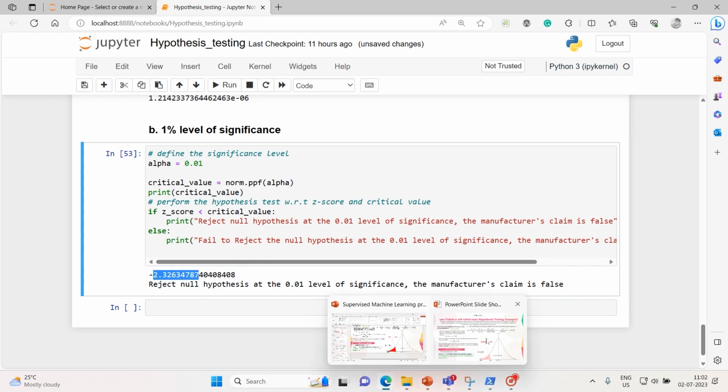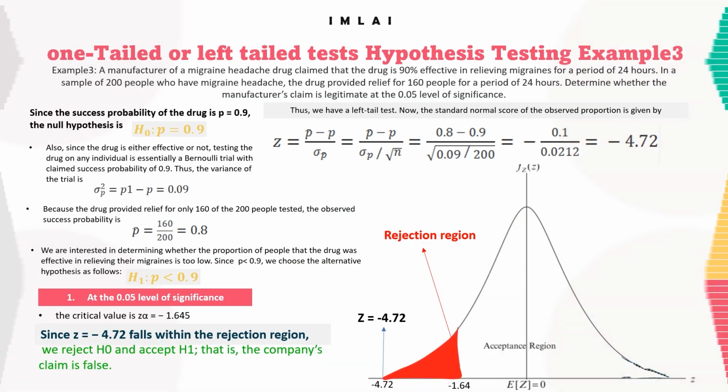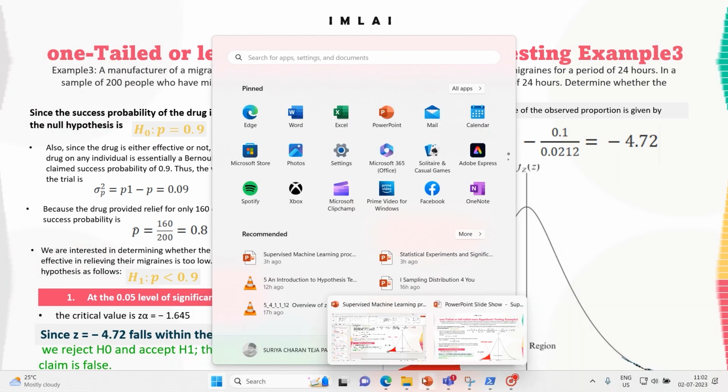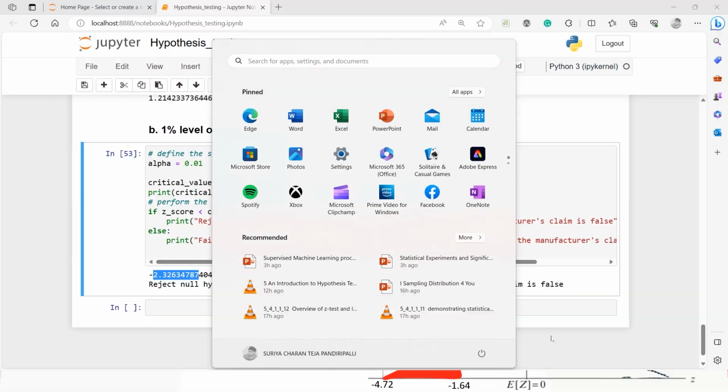So let's see in the figure. Minus 2.33 would be somewhere here exactly. So the standard normal z-score of the observed proportion is still falling in the rejection region from here to here. That's the reason it got rejected.